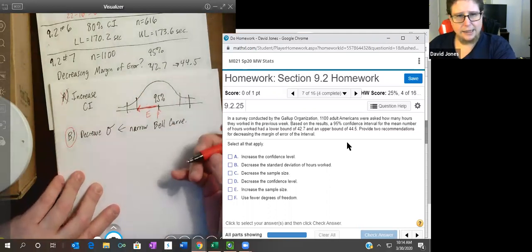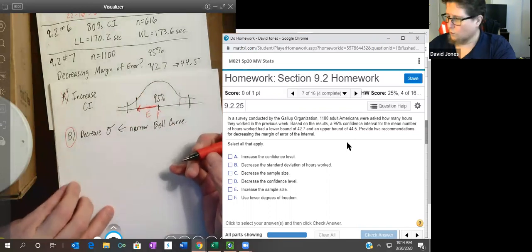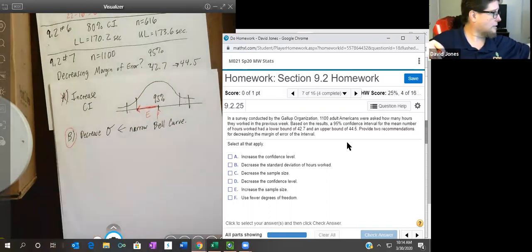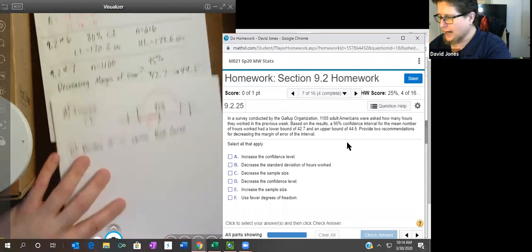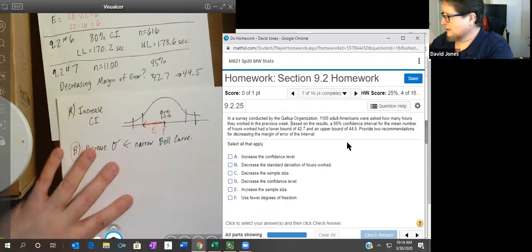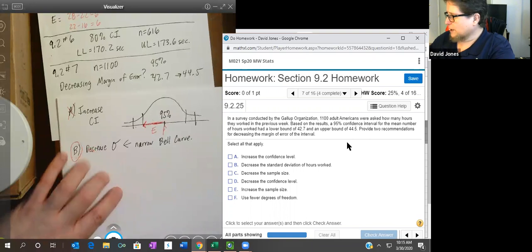Decrease the sample size. Well, do you remember what we had for sigma here? How do we have sigma with mean?